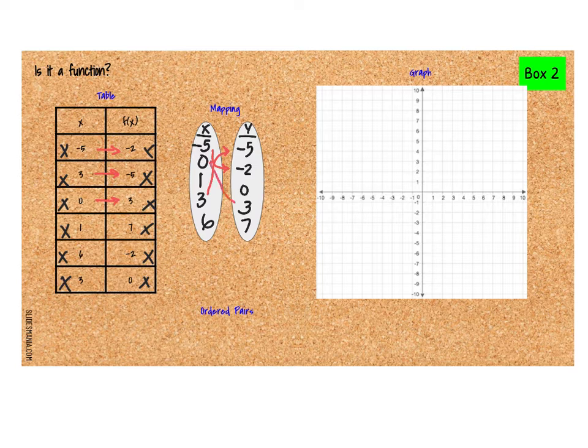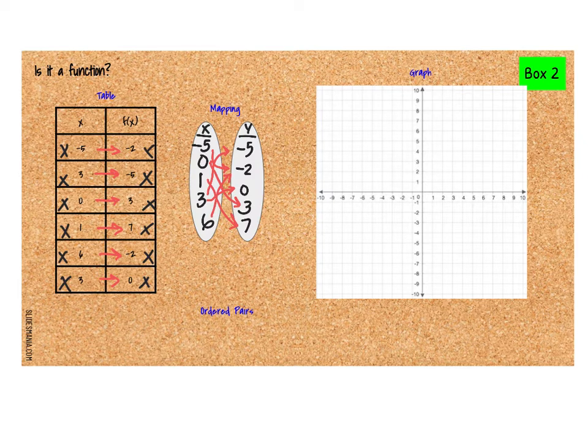And then 1 goes with 7. 6 goes with negative 2. And then 3 goes with 0. So that's my map.